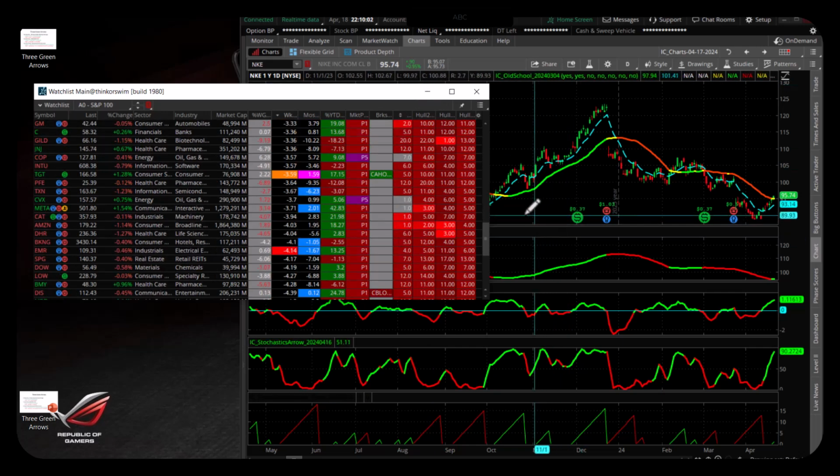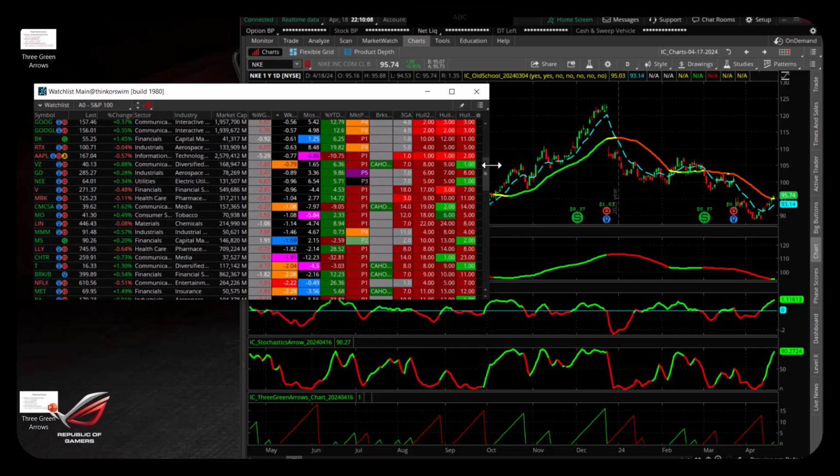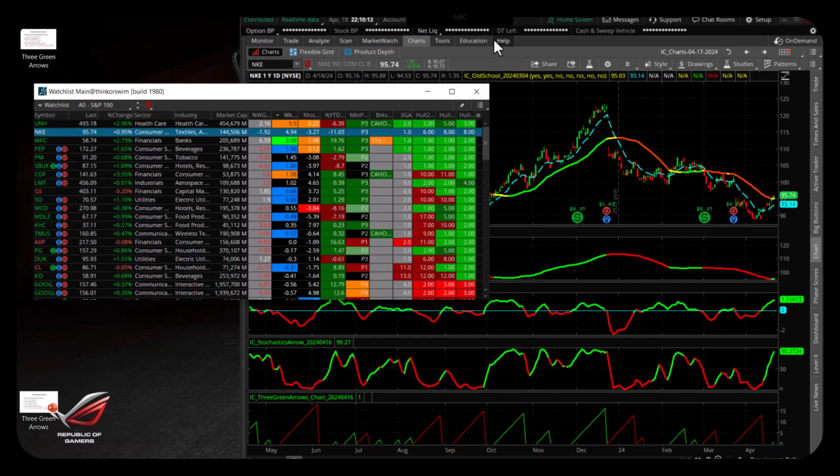So of the 100 stocks in the S&P 100, most of them are red. That's what we're seeing.